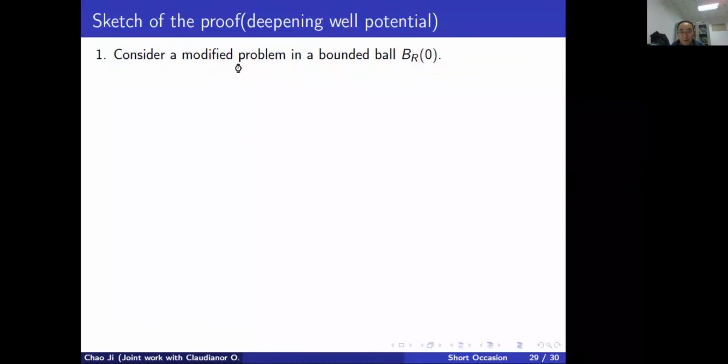Because we consider a modified problem in a bounded ball B_R, in our problem we have to face two parameters, lambda and R. So we have to do some estimates for R and lambda big enough uniformly. In Ding and Tanaka's paper, they just consider lambda. In our paper, we should consider lambda and R. For some results, it must be uniform.